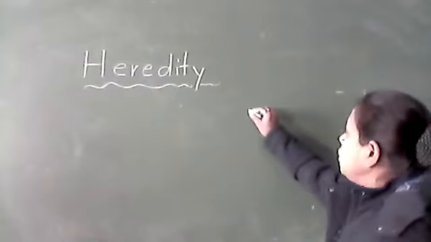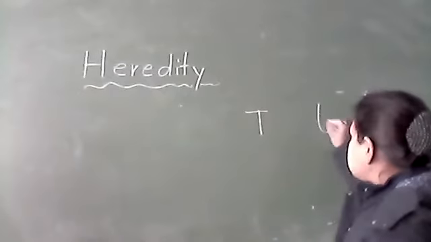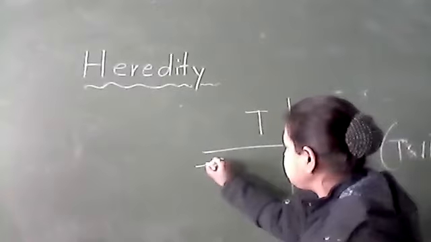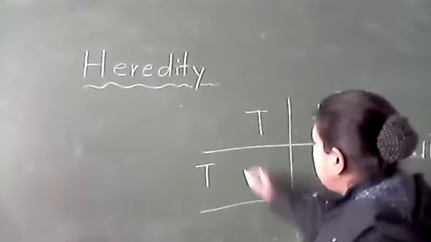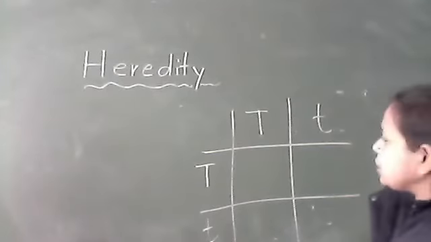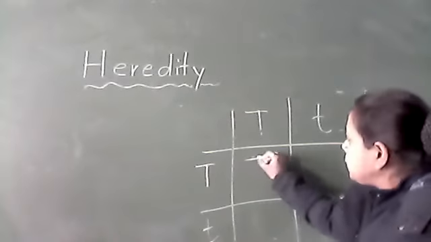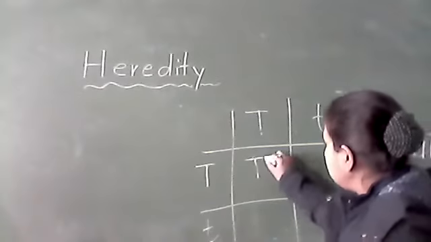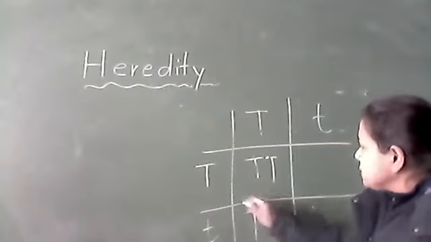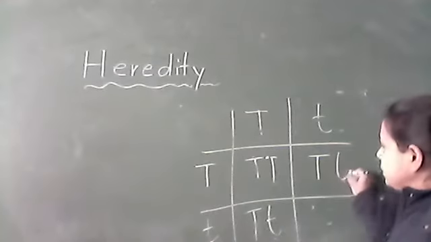Now what he did, whatever he obtained in the first generation, जो उन्होंने first generation में obtain किया, he allowed that plant to self-pollinate. And in second generation, what ratio did he obtain? Yes, see, what will be the ratio? Tell me.